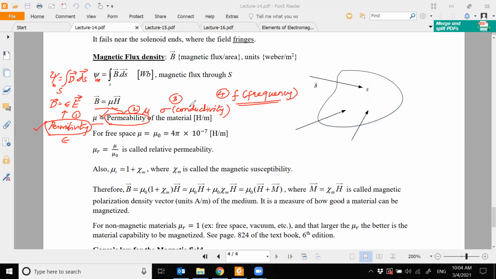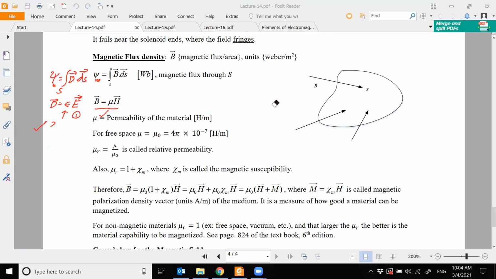Conductivity we have been studying right from electric circuits, and now we are studying permeability. Together, these three parameters along with frequency completely define any material.